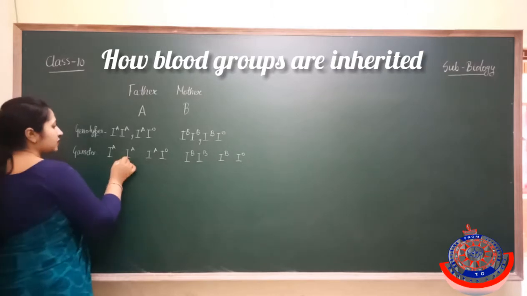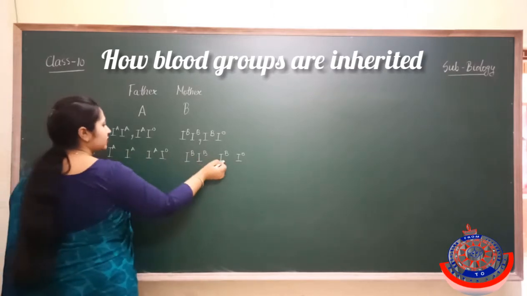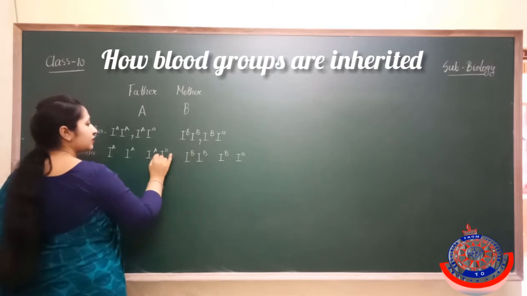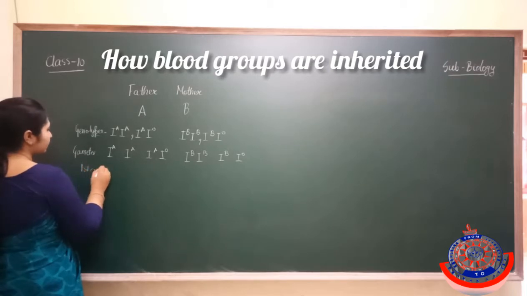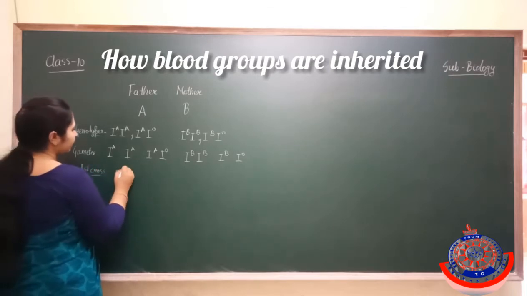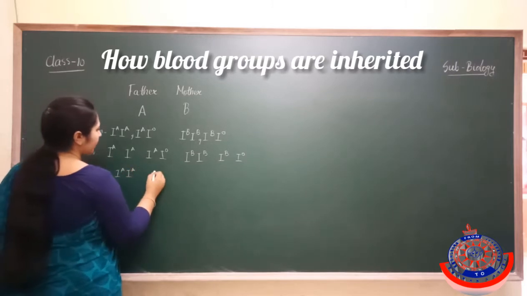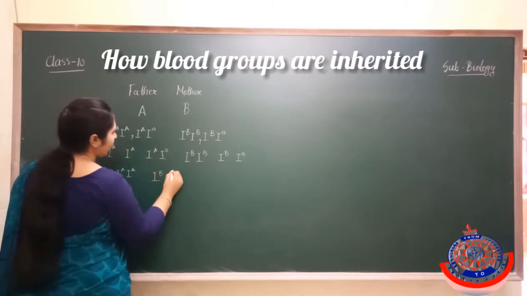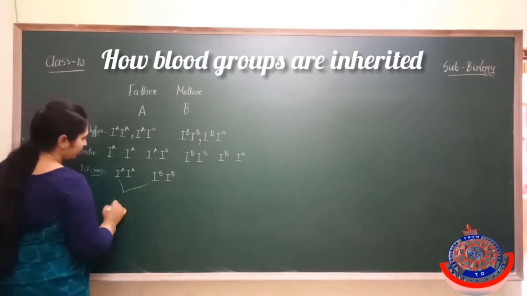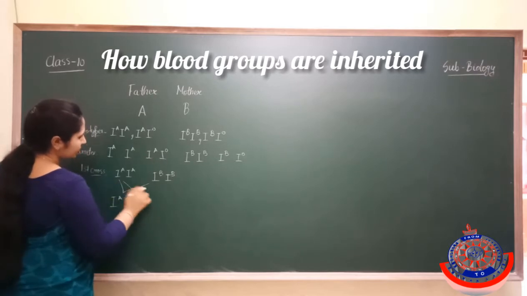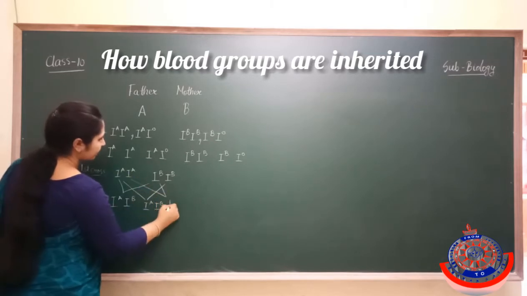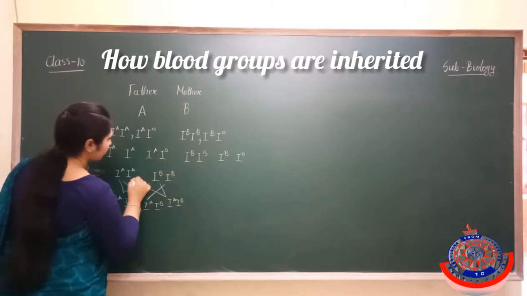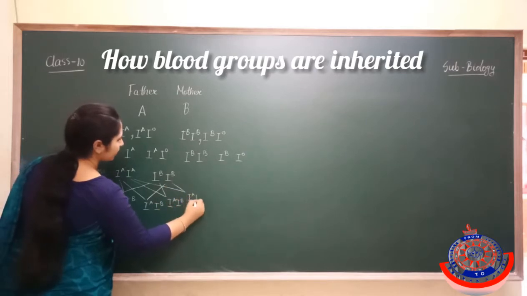So let's discuss the first cross first, that is between IA IA and IB IB. It will form IA IB, IA IB, IA IB, IA IB.